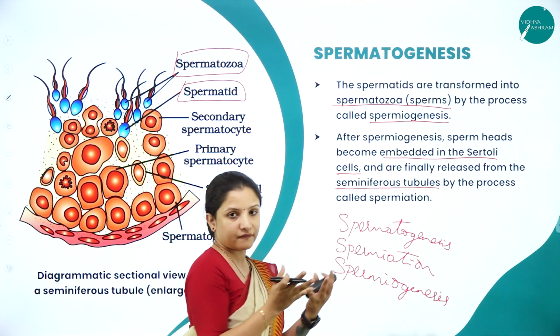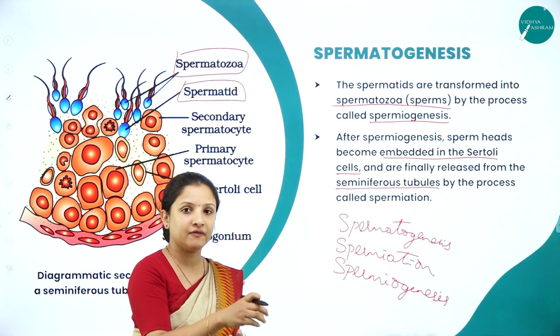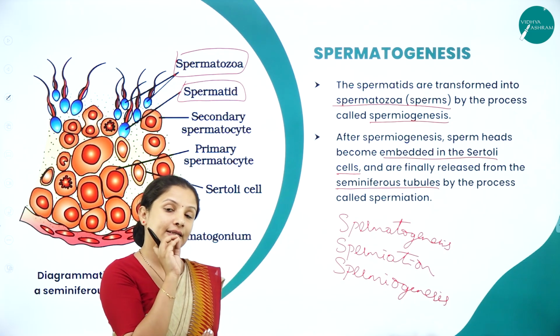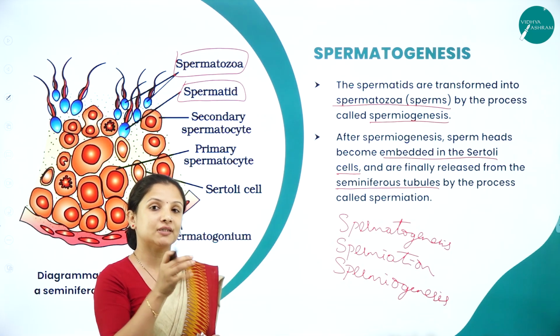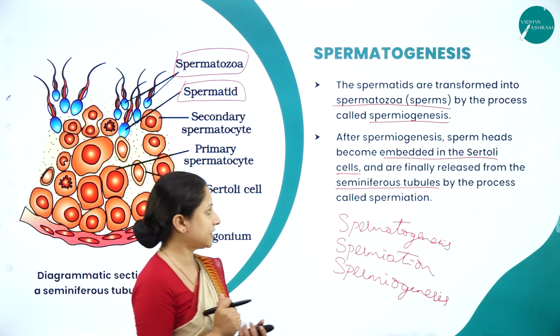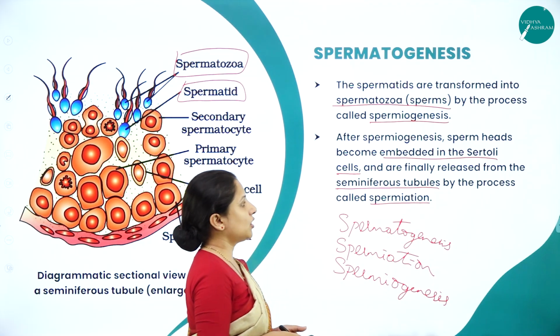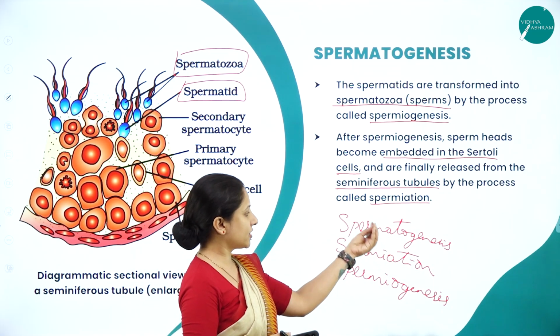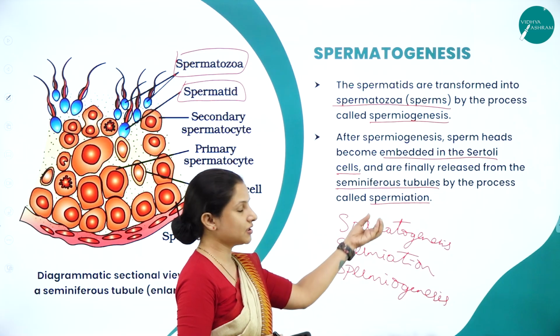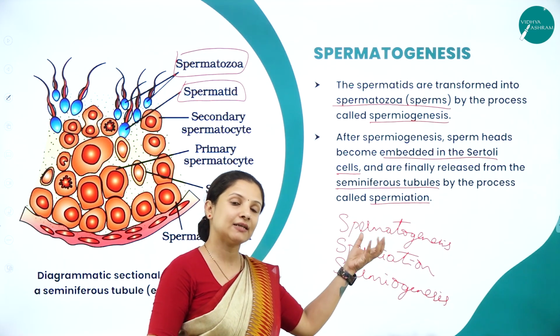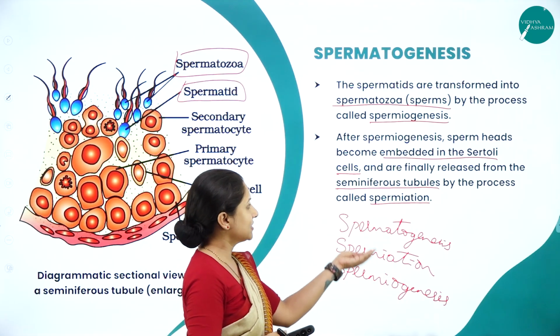They have to move out of the seminiferous tubules, travel, and reach the penis, because they were produced in the seminiferous tubules. That process is called spermiation. So there is a difference between spermatogenesis, spermiation and spermiogenesis. Again, spermatogenesis is the formation of the sperms inside the seminiferous tubules.